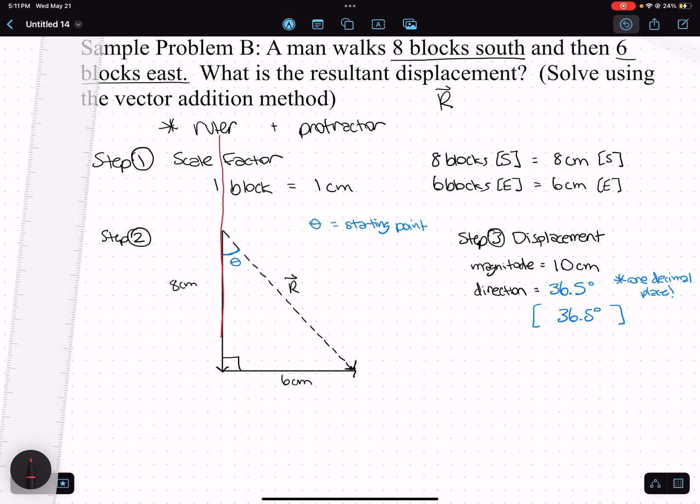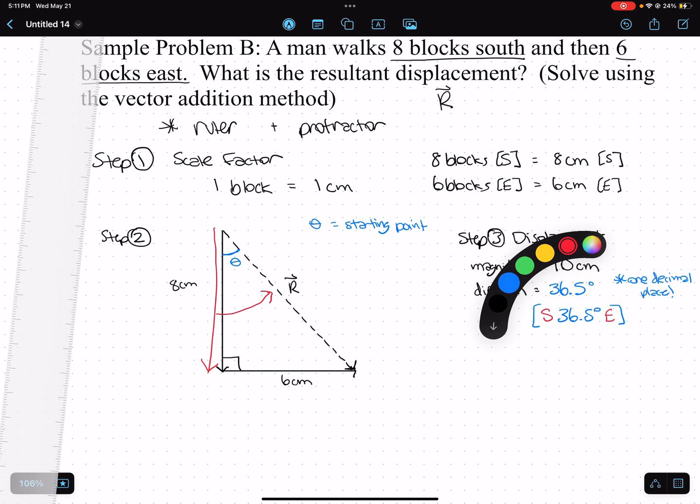Which axis did we lay our protractor on? That is our south axis, because the vector is going down. And then we measured 36.5 degrees that direction. What is that direction? East. So my overall direction is south, 36.5 degrees east.